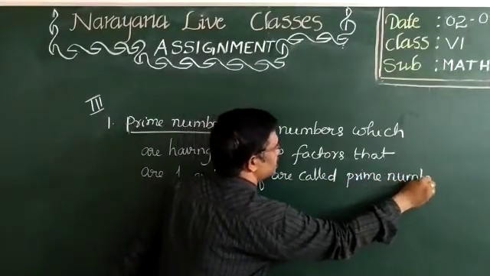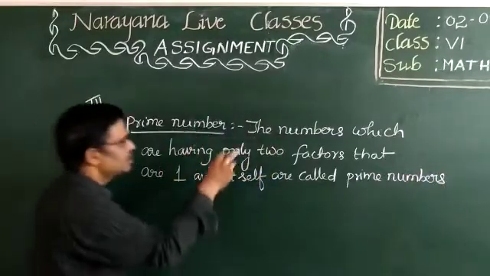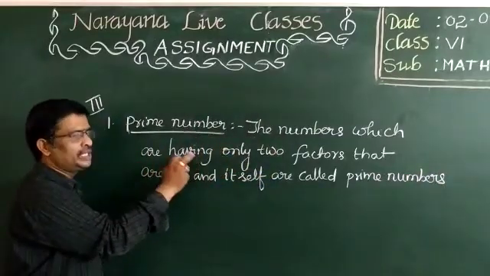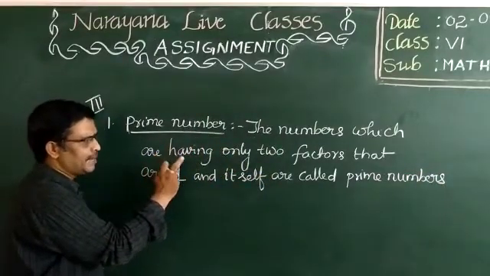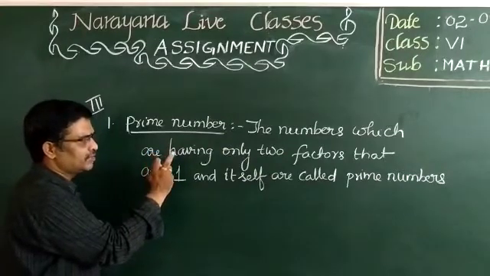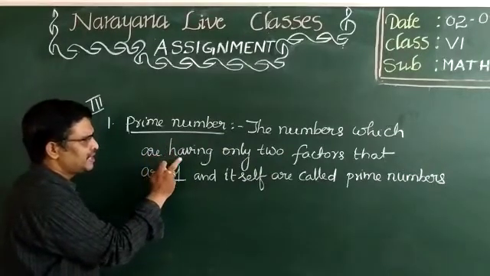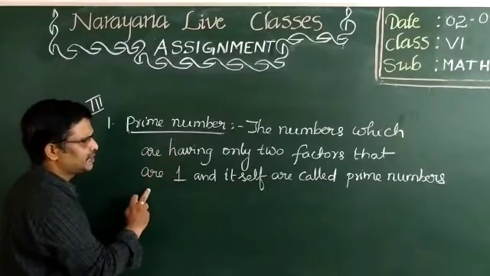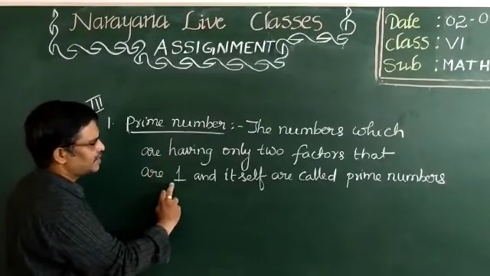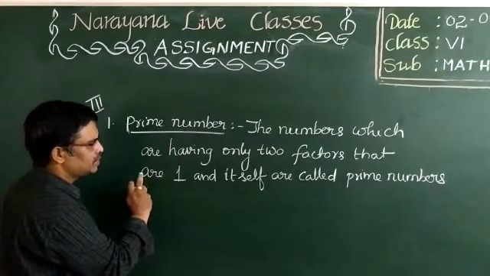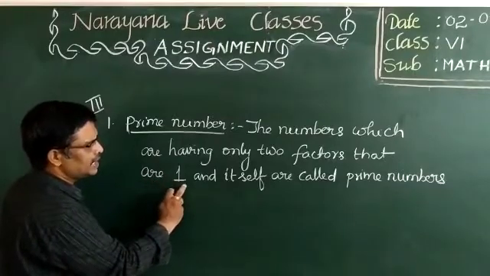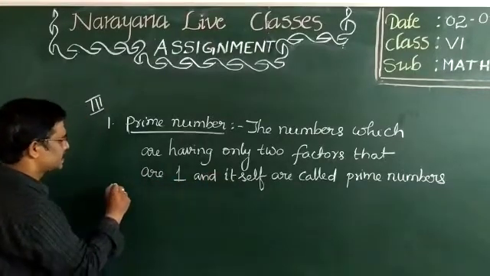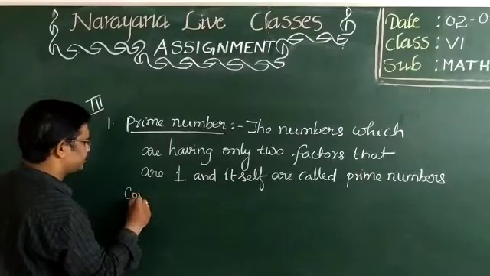This is the definition of prime numbers. So the numbers which are having only two factors. That means that number can be divided only with 1 and the number itself. So the factors of the given number are only 2 and they are 1 and itself. These are called prime numbers.